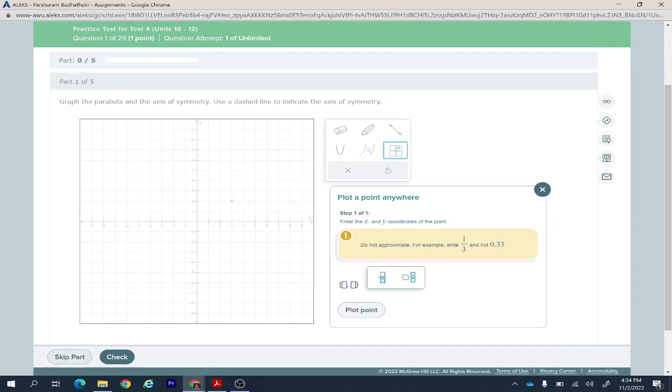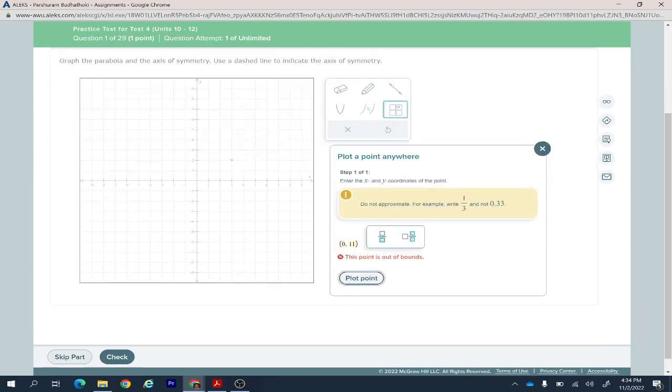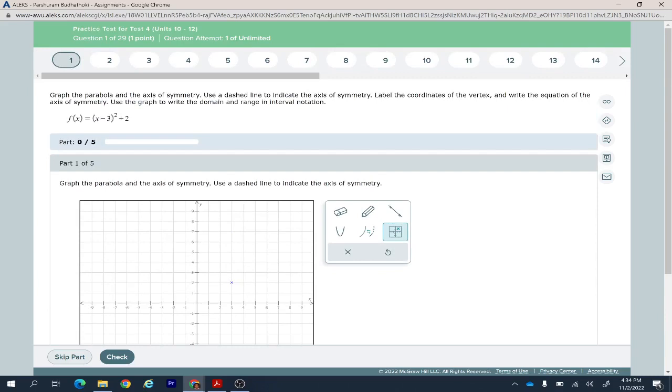0 comma 11. That's another point. But 11 is not there, so we cannot use that point, so we have to use something else. So let's use when x is 3, the value is 2. Let's say x is 4.